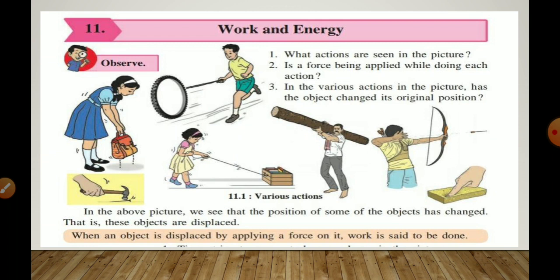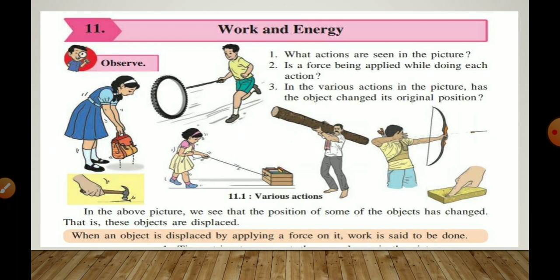One girl is lifting her school bag. Then another girl is pulling a box. And a boy is pushing a tire with the help of a stick. And one man has lifted up a log of wood on his shoulder.